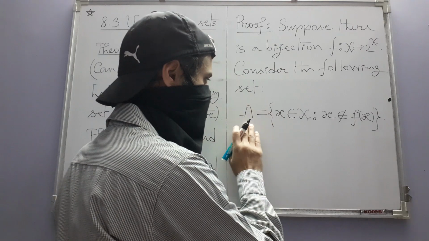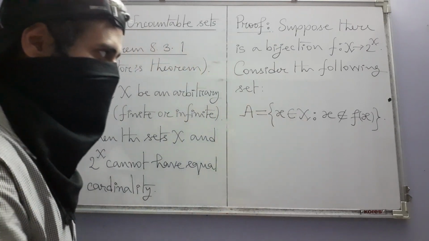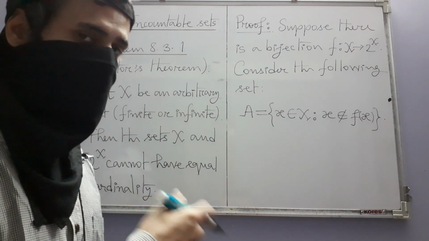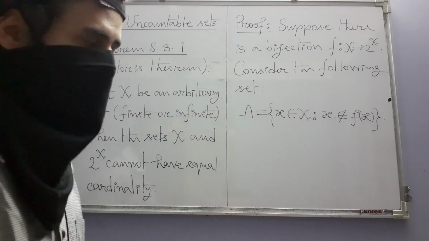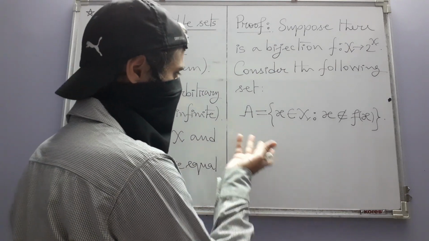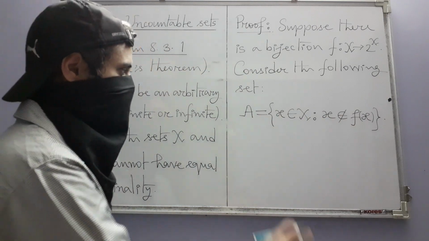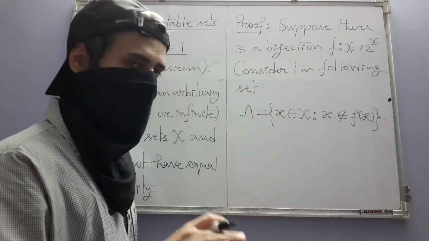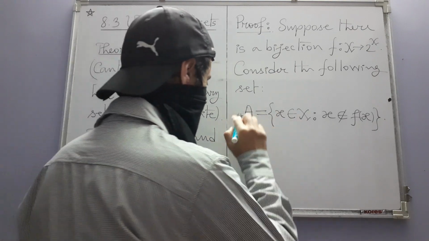And capital A is the set of precisely those elements in X which are not in their corresponding images, because the images are subsets. And you can clearly see that by the axiom of specification, this A is actually a set, and in fact, A is a subset of X.